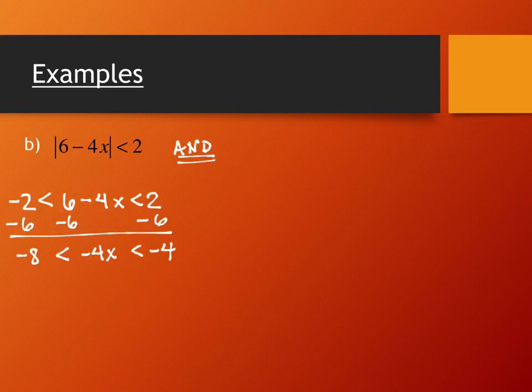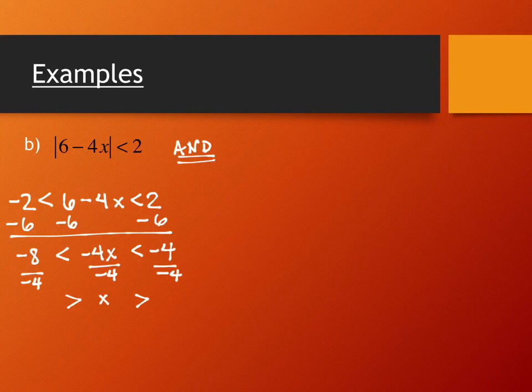I'm trying to get x alone, so I'll divide by negative 4. Dividing by a negative changes the direction of the signs. Do you see how they're still opening in the same direction, comparatively to one another? They switched, but they both switched.